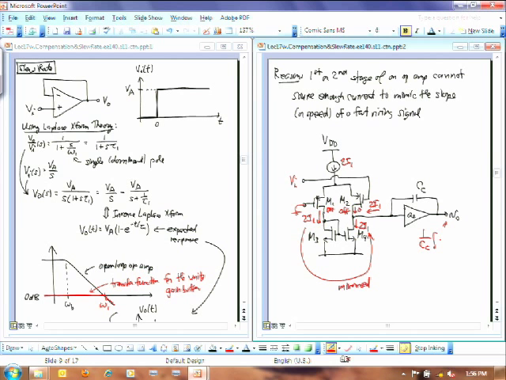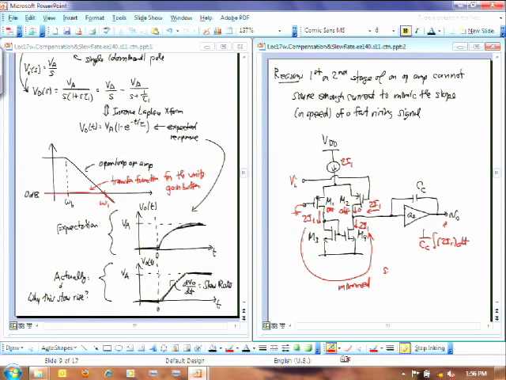So the definition right here, slew rate, SR, is equal to the derivative of the output voltage with respect to time. And looking at this equation here with the integral, that's just equal to 2I1 over C sub C. And that's the definition here for slew rate.